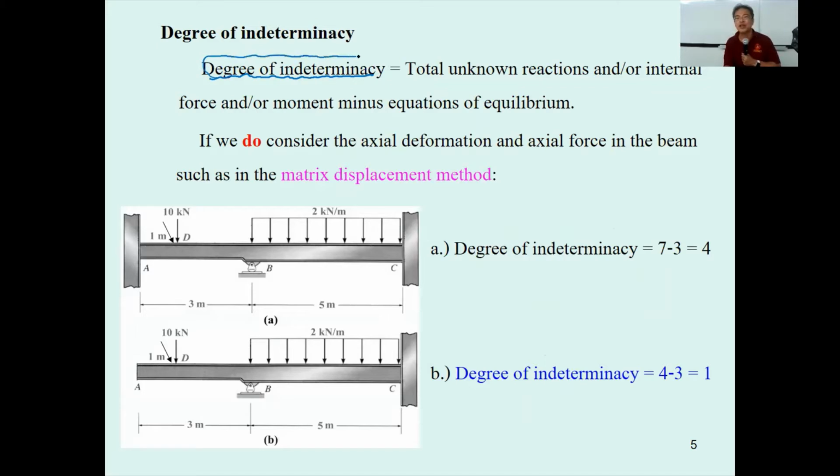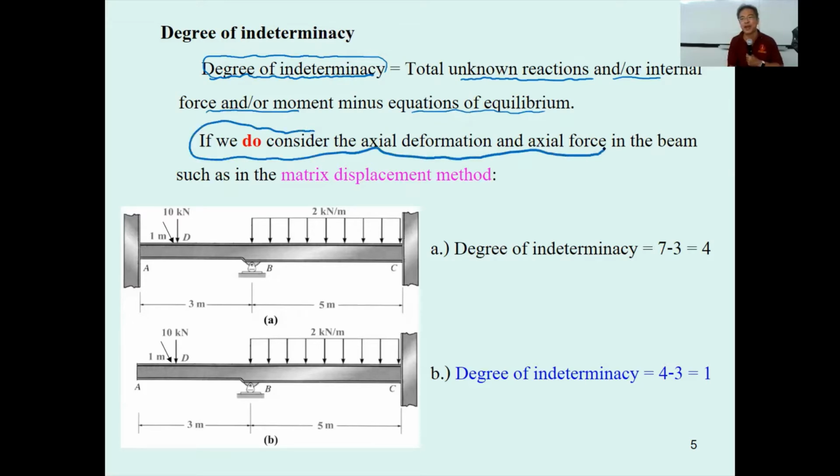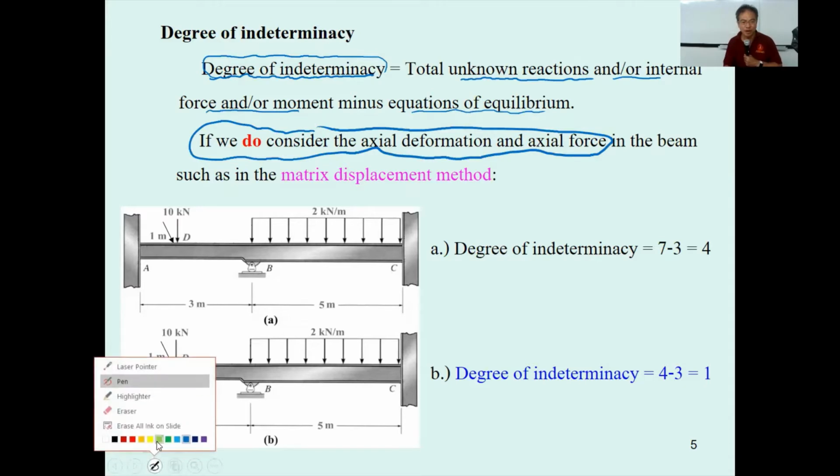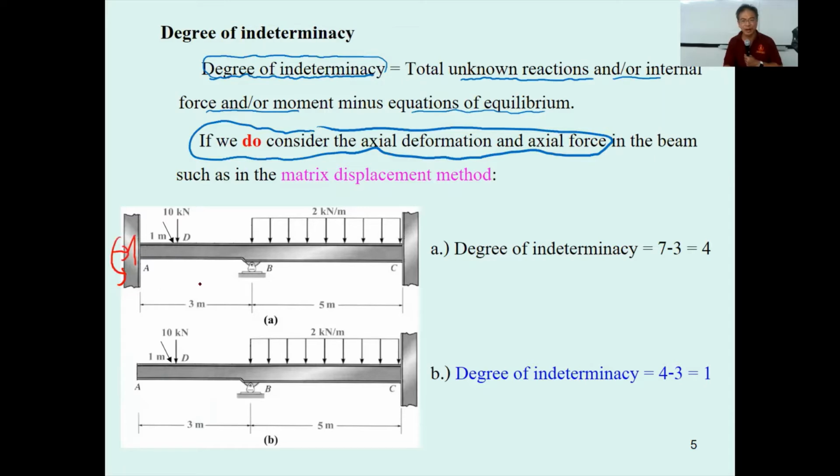Okay, first we talk about the degree of indeterminacy. Indeterminacy is defined as the total unknown reaction or internal forces and moment, minus the number of equations of equilibrium. If we do consider the axial deformation and axial load, for example, for this one, under application of force, the reactions are going to be 1, 2, 3, and then 4, 5, 6, and then 7.